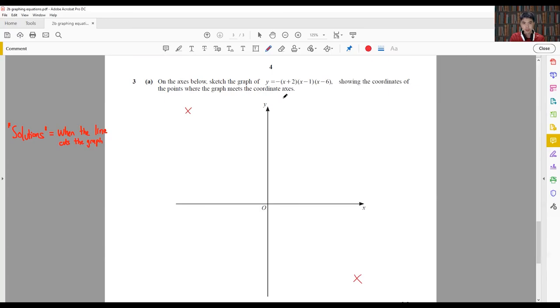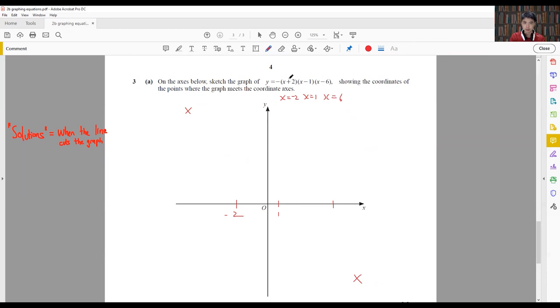It's going to be when x equals -2, when x equals 1, and when x equals 6, okay? Sketch them, plot them onto the graph here, where you have -2, 1, and 6 somewhere here. And one more thing that we need to know is, what would the y-intercept be?